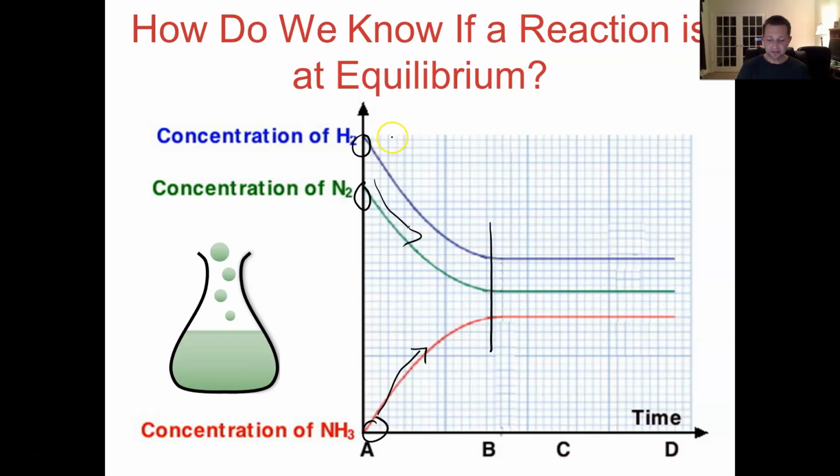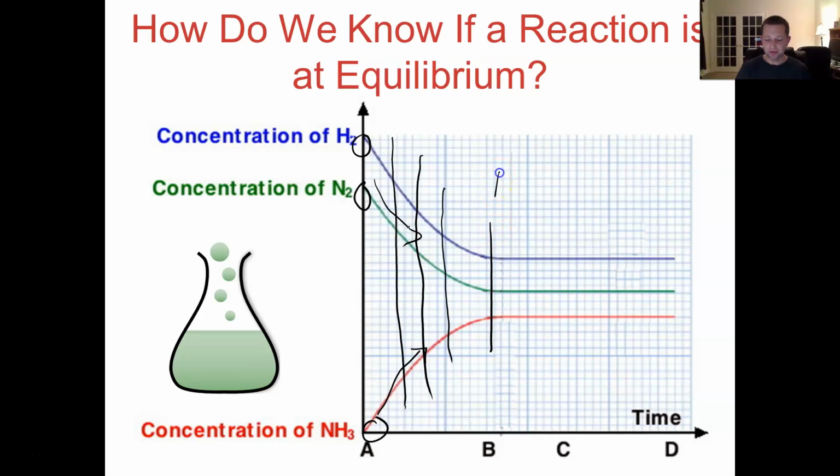So if I collect data right here, I would have certain concentrations of N2, H2, and NH3. If I collect data again a few seconds later, my concentrations have changed, right? The H2 has decreased, the N2 has decreased, and the NH3 has increased. If I do it again, they've changed again, so not at equilibrium yet.